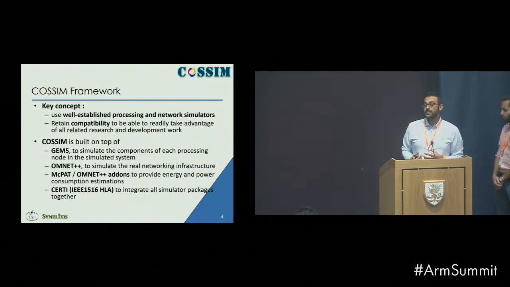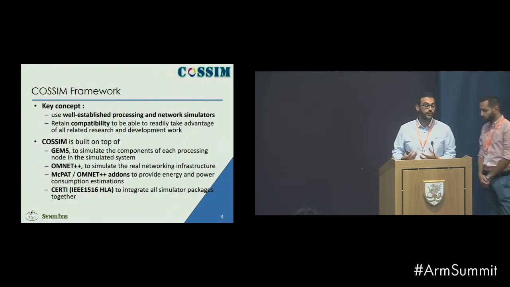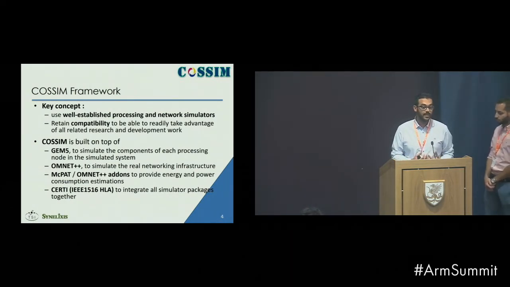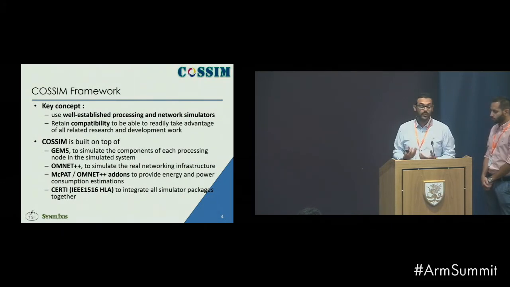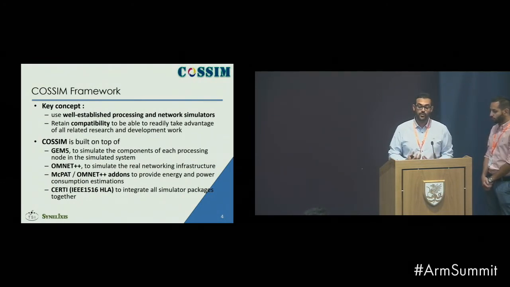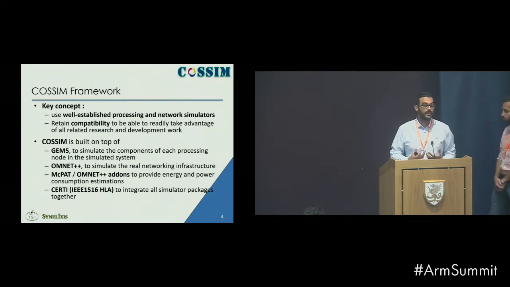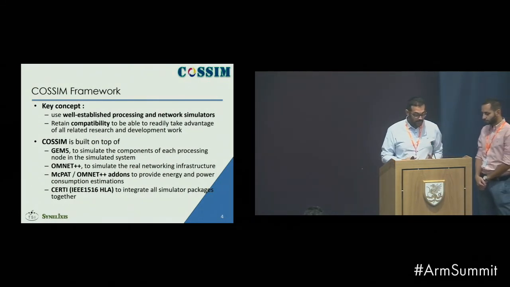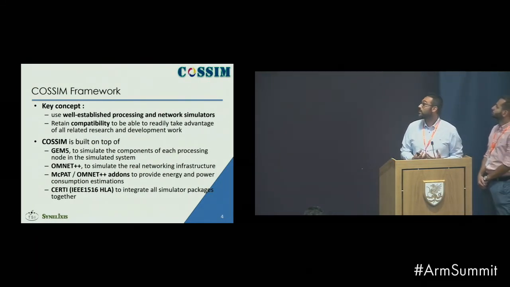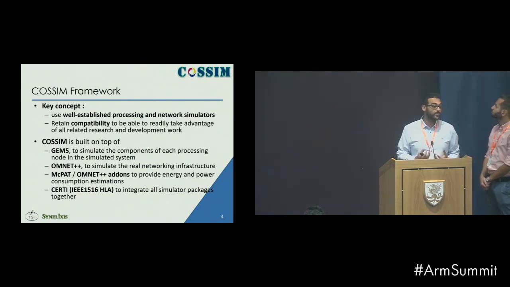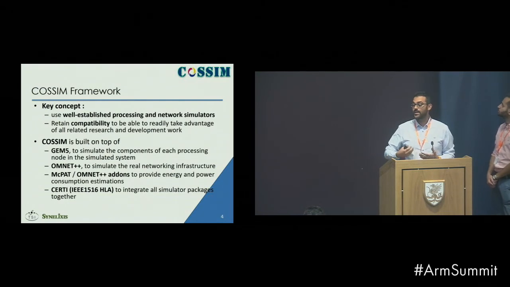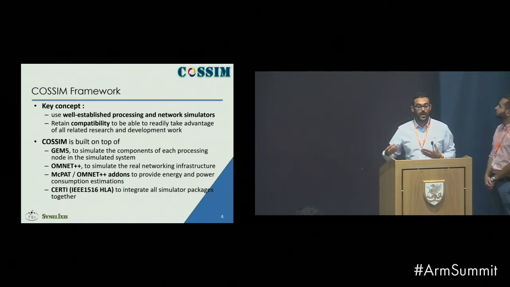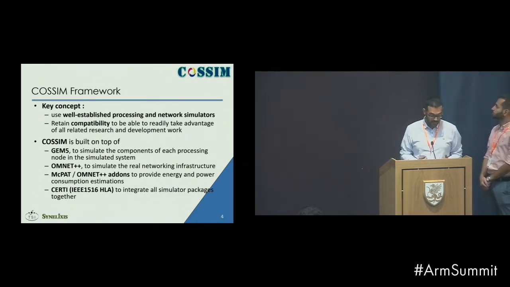The key concept behind designing such a framework was not to throw away all the work that has already been done. The example from today's workshop is that so much work has been done that we have to take advantage of it in order to produce something that can be used by a lot of people, and this is what we want. Therefore, we need to use well-established processing and network simulators, and we need to be able to keep everything that has been written as part of the development effort for these simulators.